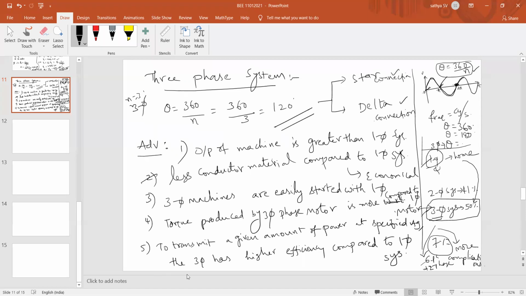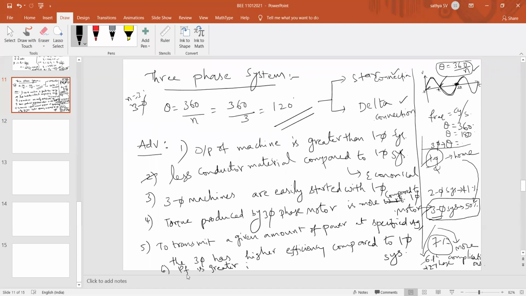The power factor is greater in a three phase system compared to single phase, right? And it has less vibration when compared to single phase machines, you can add that point also.